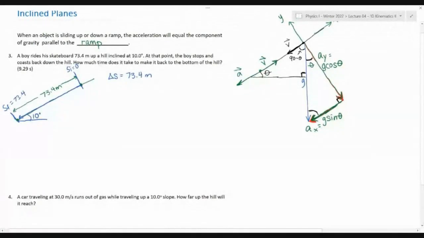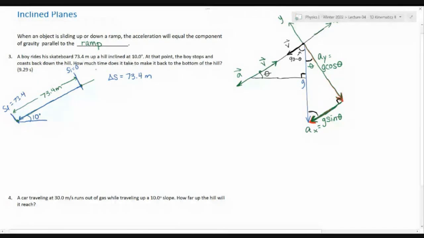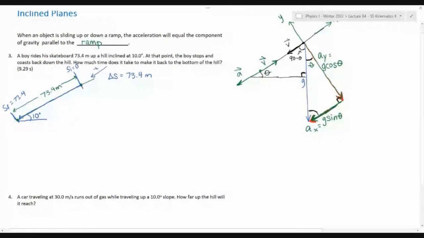That's the same thing as saying delta S is 73.4. So it doesn't matter which way you like to do it. But by doing what we just did, we assumed that down the ramp is the positive direction, right? Because he's traveling down the ramp. And if we just said that it's positive, then that means down the ramp is positive. What else do we know in this question when it comes to the kinematic equation variables?